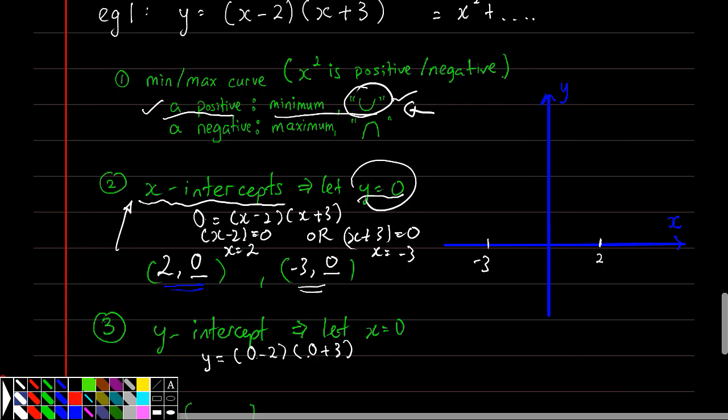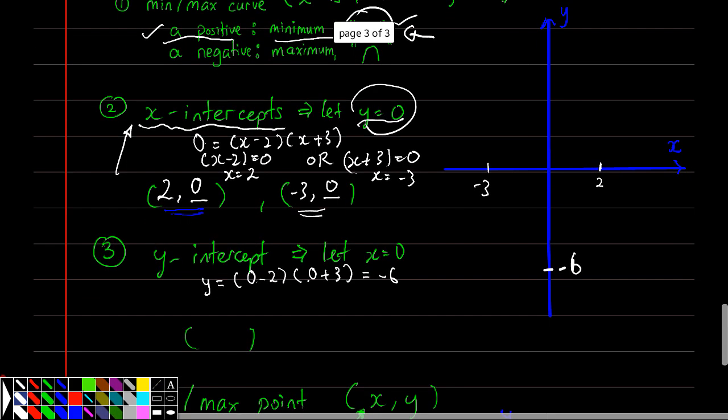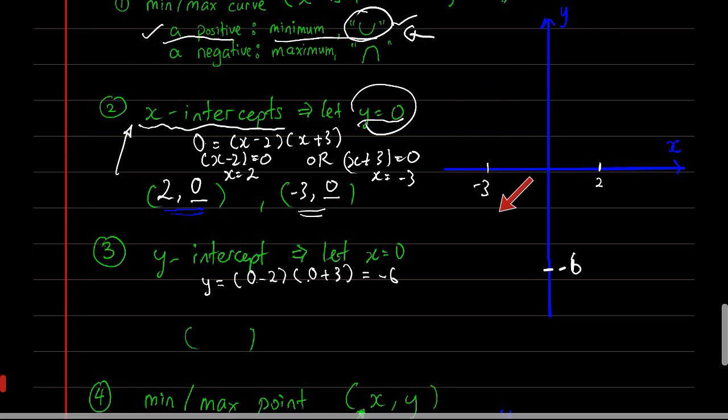The number is negative 6. So I know that if I were to extend this line, my y-intercept would be minus 6. Alright, so we have a few critical points. I know my curve is something like that, but I need to know my minimum point.